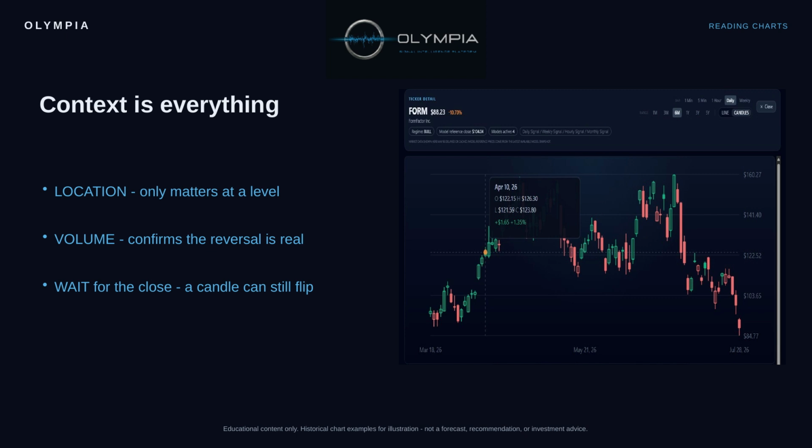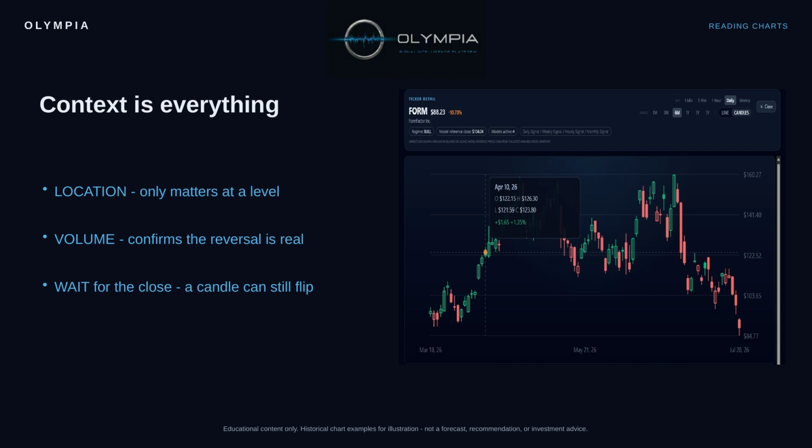When a reversal candle prints on high volume, that's real money confirming the move. On light volume, it's usually a fake out. And rule number 3, wait for the close. Never, ever trade a candle that's still forming, because the entire story can flip in the last few seconds before the time frame ends. Location, volume, and patience.